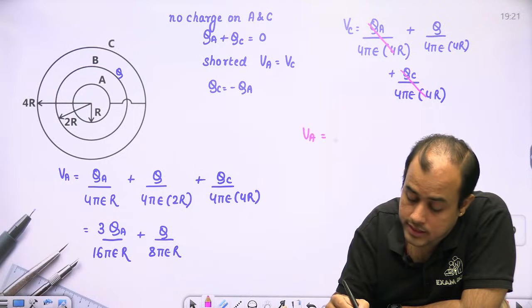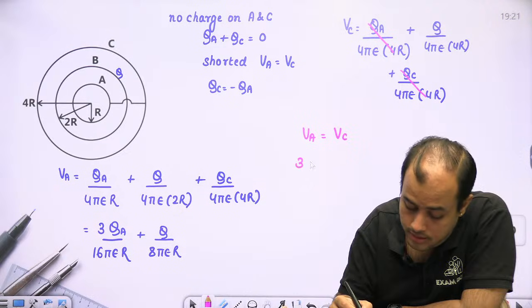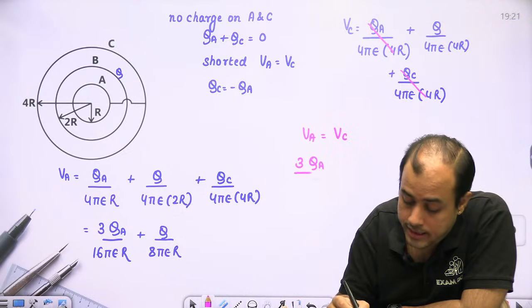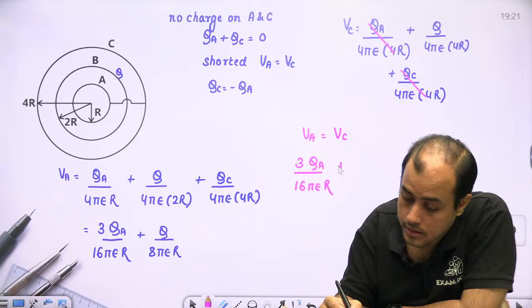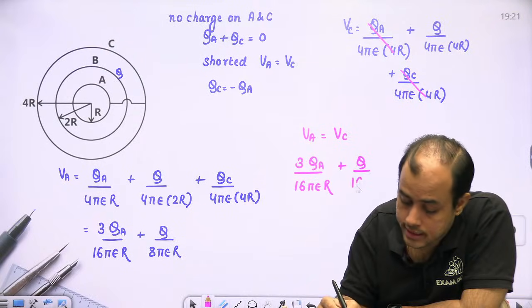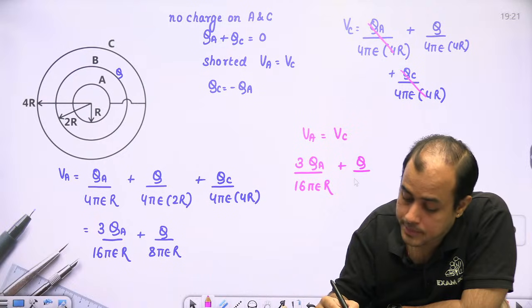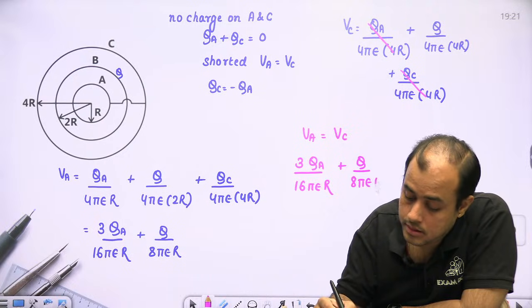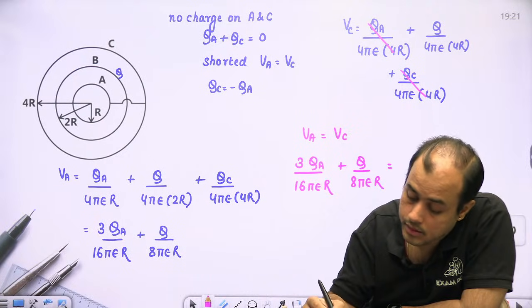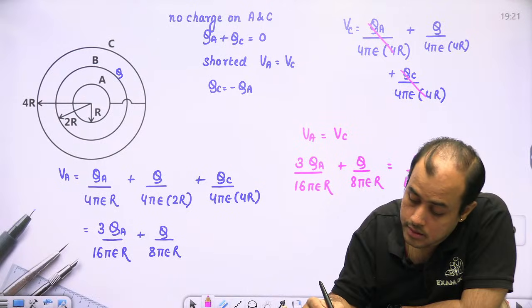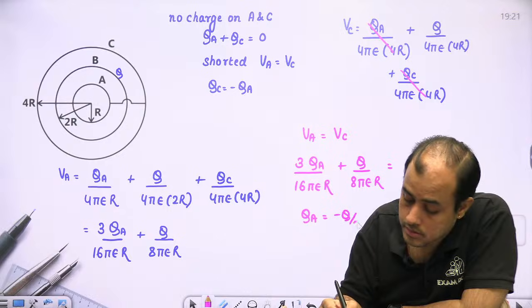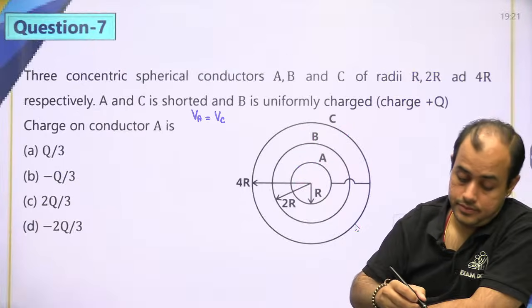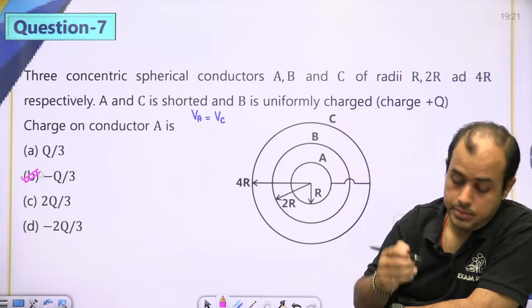Now, VA is VC. 3QA by Q by 16, sorry, Q by 8 pi epsilon R. So, QA is minus Q by 3. The option.